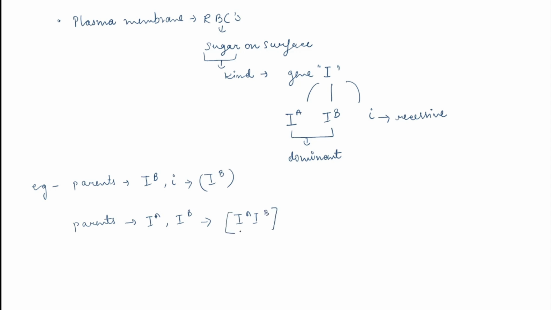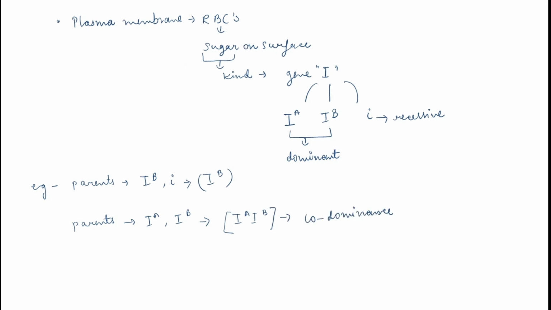Now in this condition we can clearly see that both of the dominant alleles, that is IA and IB, are expressing themselves without suppressing the effect of one another, right? So this phenomenon is called codominance, where both of the dominant alleles express themselves without suppressing the effect of the other gene.